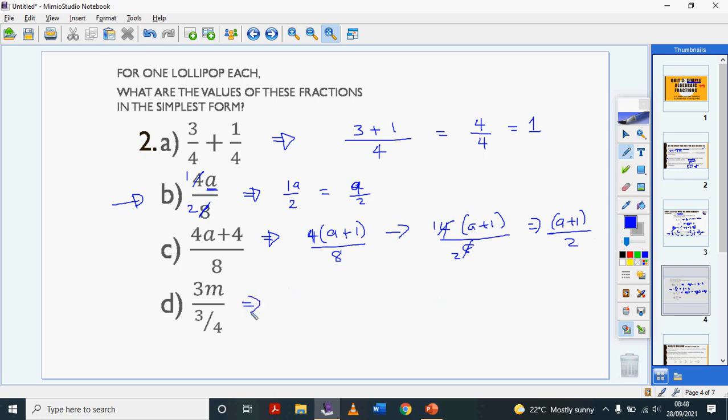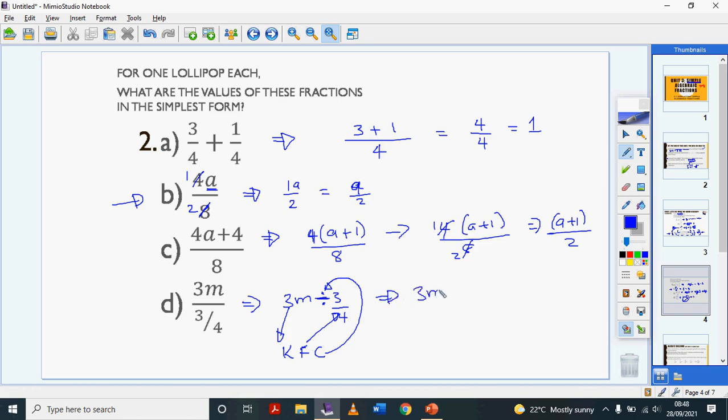And then finally, I have 3m divided by 3 divided by 4. I am pretty sure that Miss Caitlin taught you how to use the KFC method last year, right? KFC, which says keep, flip, change. Keep the first fraction, flip the second fraction, change the sign, right? Or basically take the reciprocal.